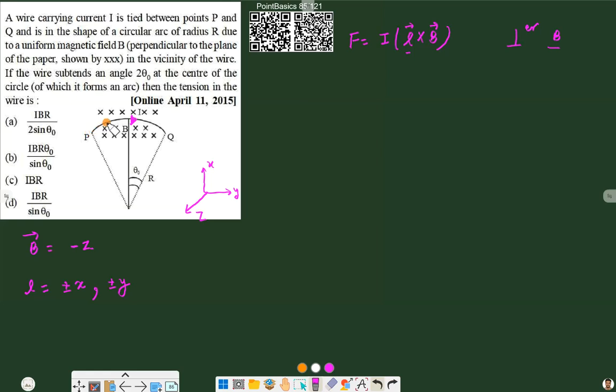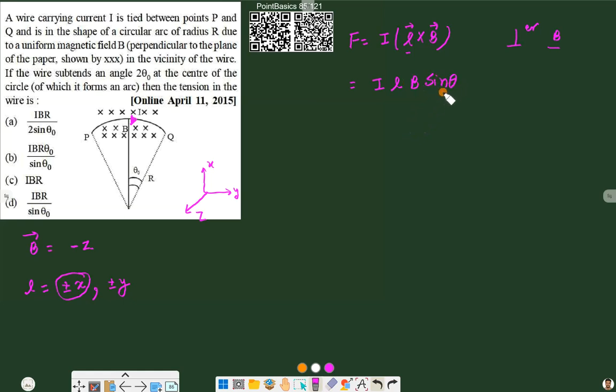Here the current is prominently flowing in the x direction, and the length is also prominently in the x direction. So what we will do here, we will take the length in the x direction, and that should be a straight length, because in the cross product we have I L B sine theta.